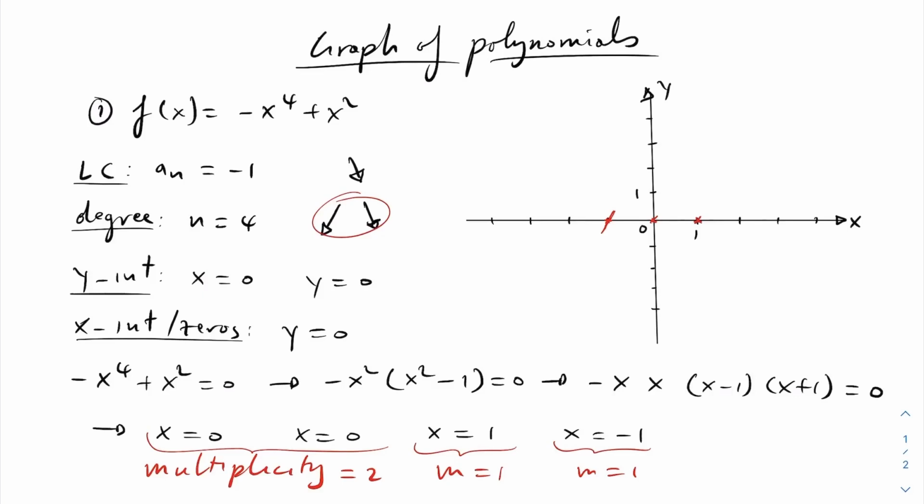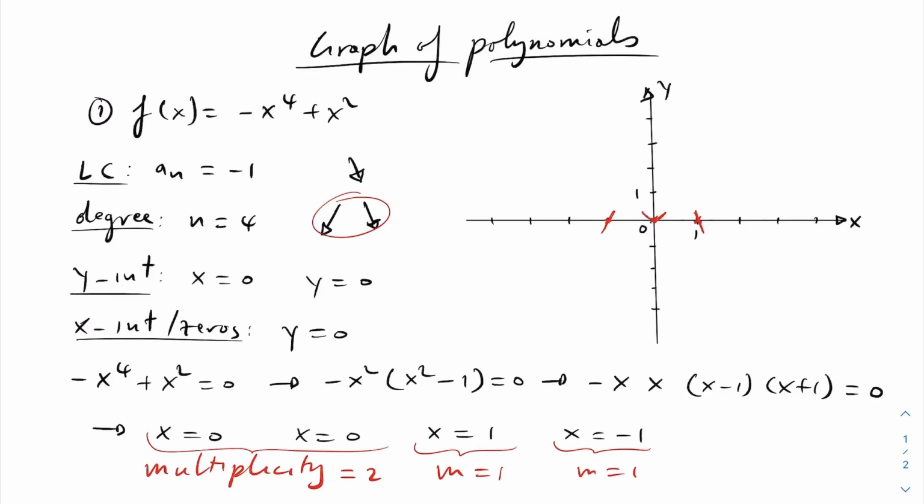Then when I get to x equals 0, since that has a multiplicity of 2, I'm going to draw something that looks like a parabola here because that's x squared. And then if I get to x equals 1, I'm going to draw something that looks like a variant of y equals x. So in this case, it's going to go like this, since our function is to go to negative infinity, as the end behavior tells us.